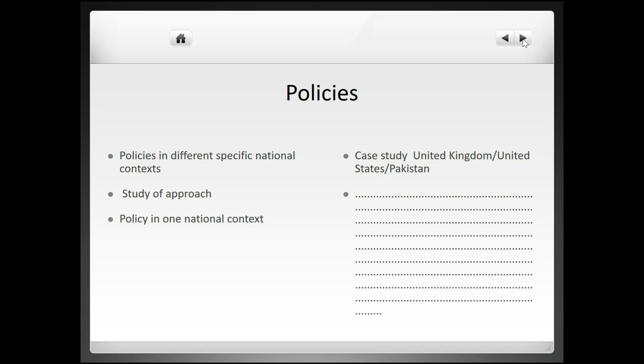Government policies look at cancers, cardiovascular diseases, and obesity, which is a major problem that feeds into cancers as well as cardiovascular and respiratory problems.